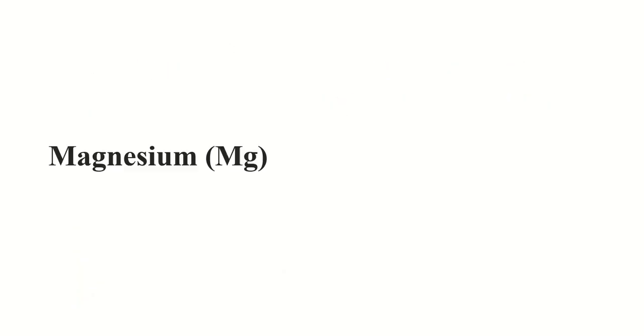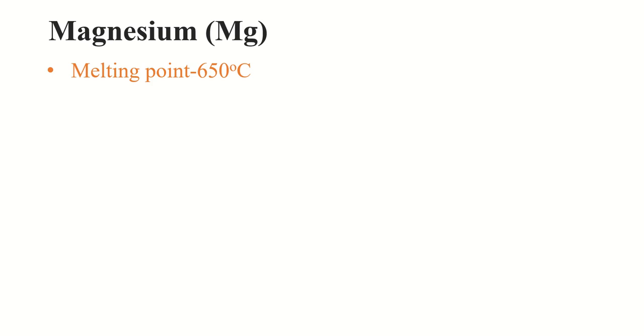The next metal is magnesium. Magnesium has very important applications. It also has a good strength to weight ratio, so it is used in the field of aircraft, and there are some other important applications.